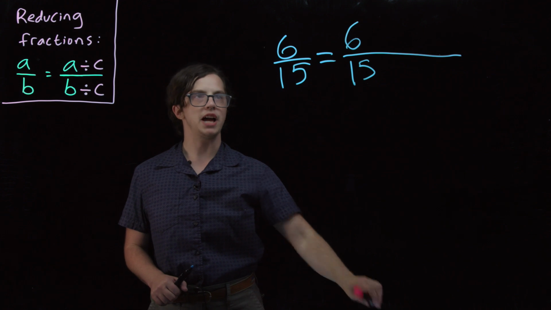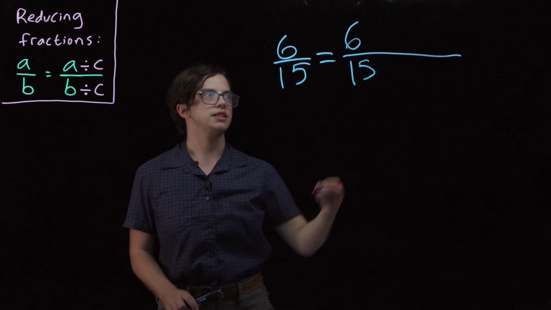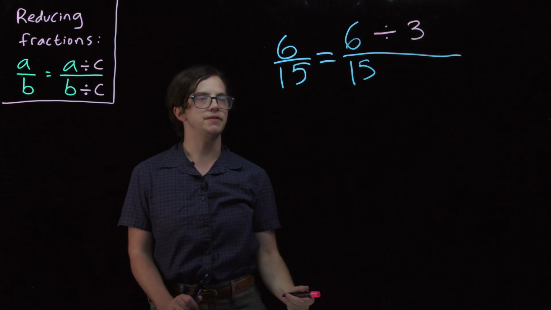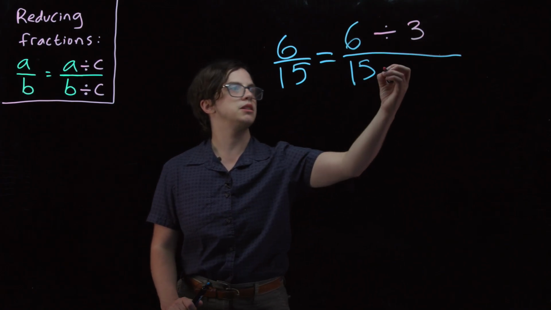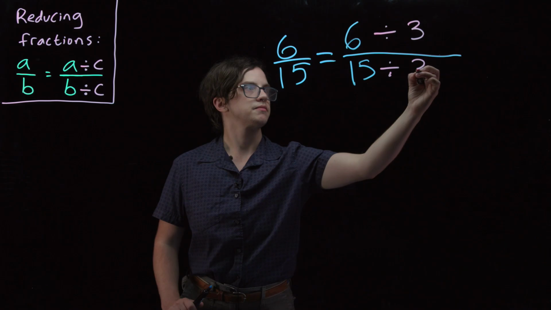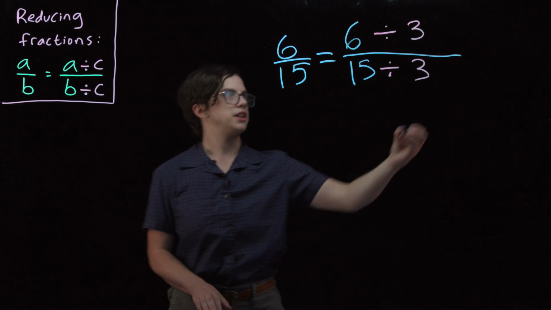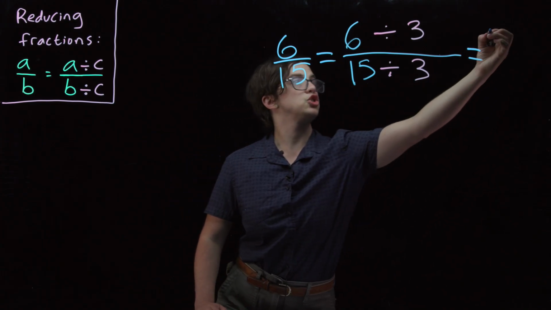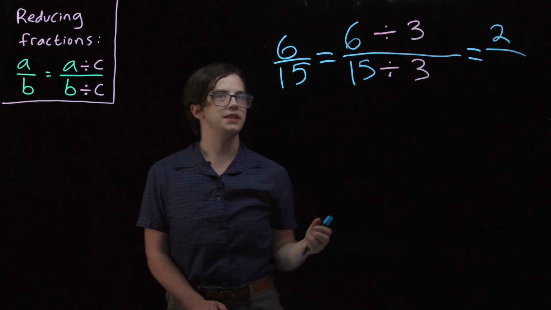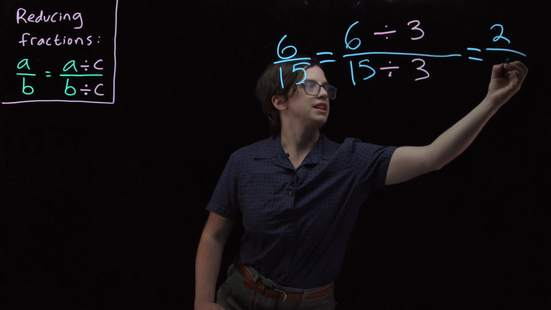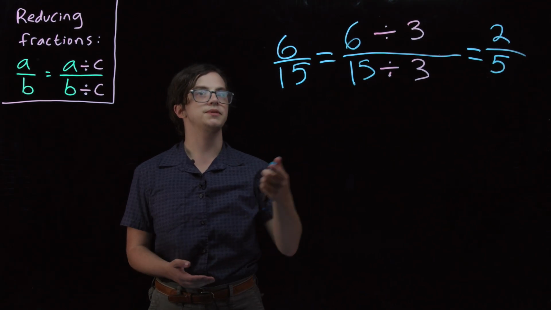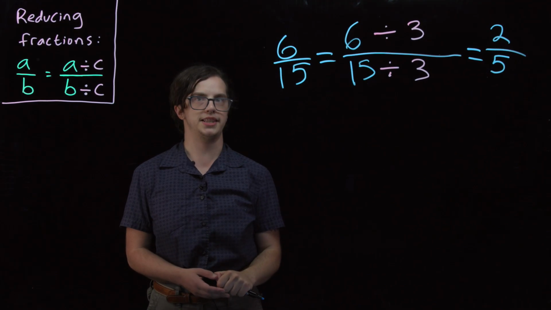So if I divide my numerator, 6, by 3, and then if I divide my denominator, 15, by 3, I will get a reduced version of the fraction. So 6 divided by 3 is 2. 15 divided by 3 is 5. So the reduced form of 6/15 is 2/5.